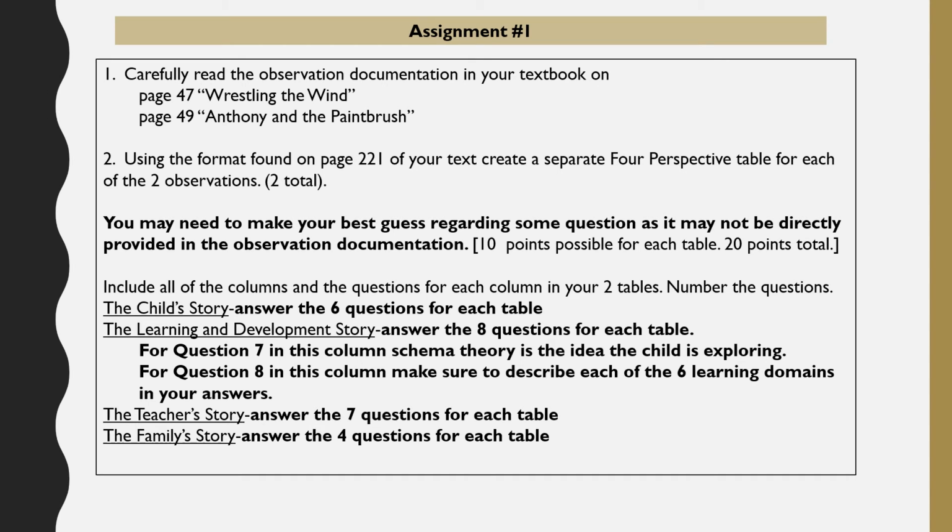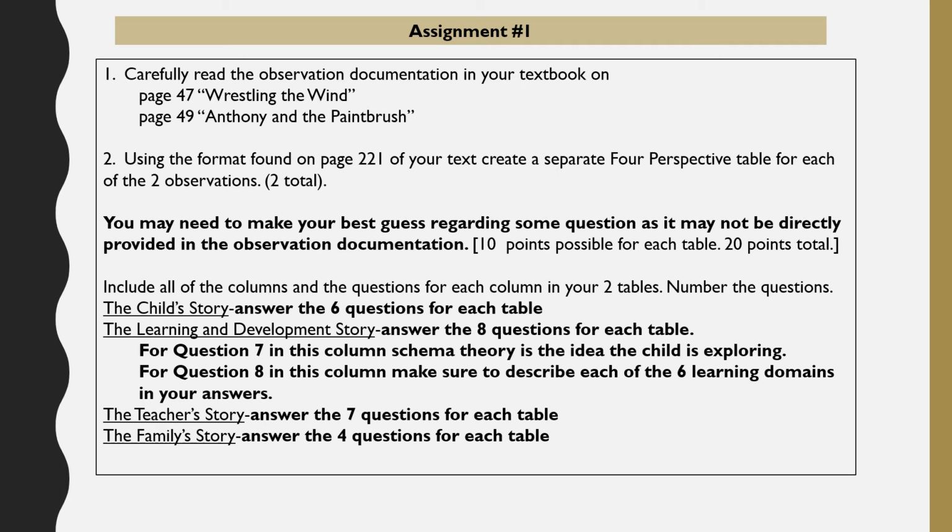You need to carefully read the observation documentation on each of these pages, and then use the format on page 221 of your text, which we just looked at in the previous slide, to create a separate 4-perspective table for each of the 2 observations: one for Wrestling the Wind, and one for Anthony and the Paintbrush.